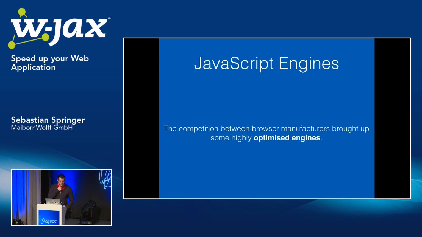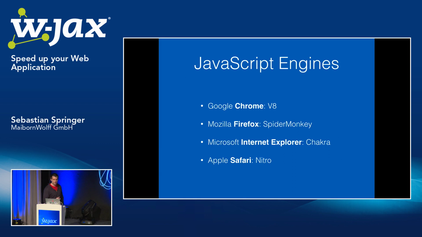And these optimizations are brought up by a competition of the major 4 browser creators, which are Google, Mozilla, Microsoft, and Apple. They are creating various JavaScript engines and rendering engines, which are used to build web applications.